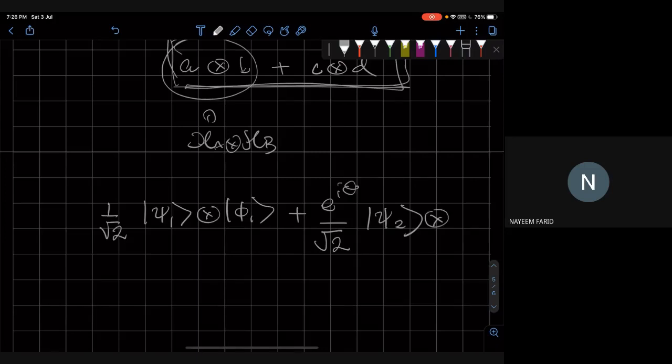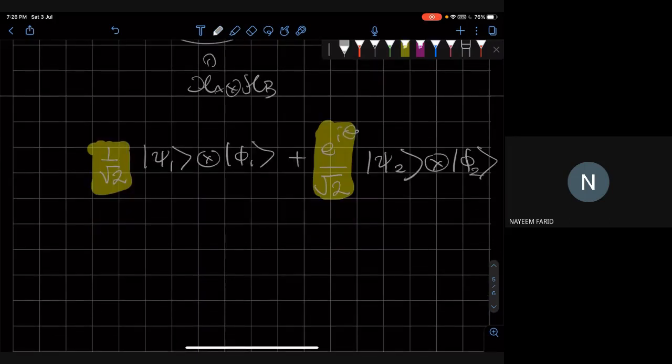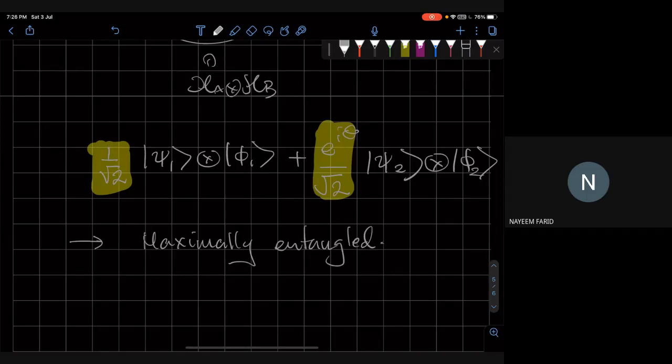If the entanglement is of this form, what is important here is the fact that we have 1 over square root of 2, and here we have something which is also proportional to 1 over square root of 2, where the proportionality constant is a phase. States of this form are called maximally entangled, okay? Because we shall see that when the coefficients are of this modulus, then the states have the most amount of entanglement possible. Okay.